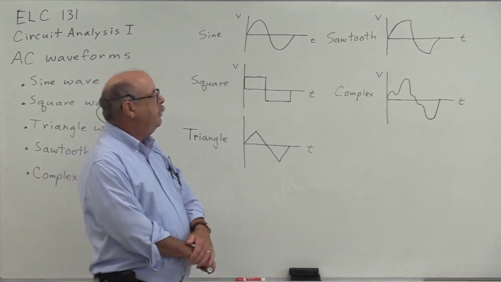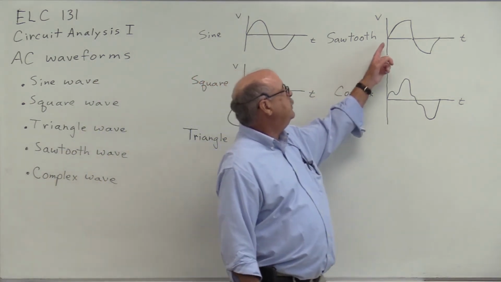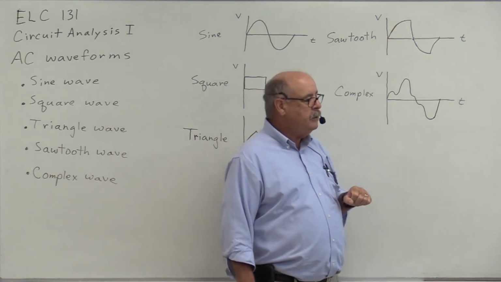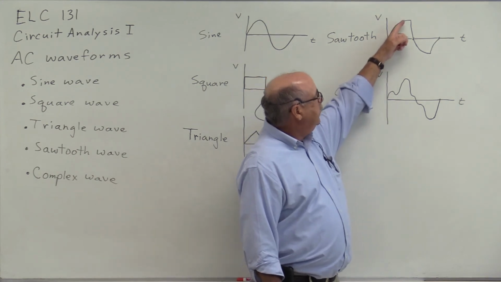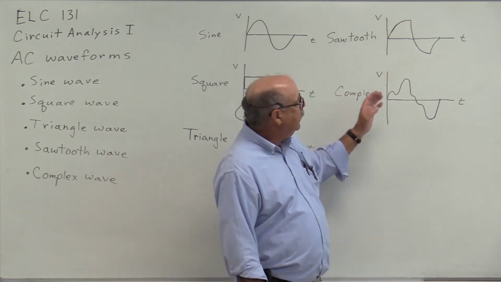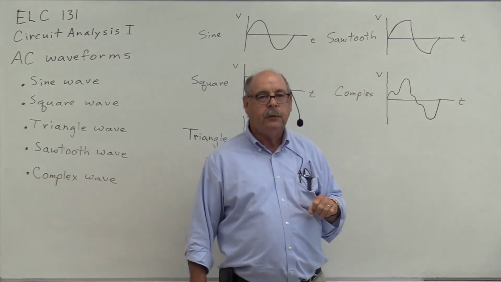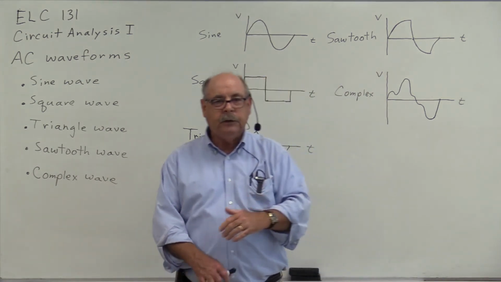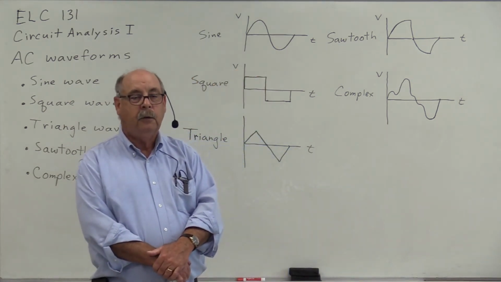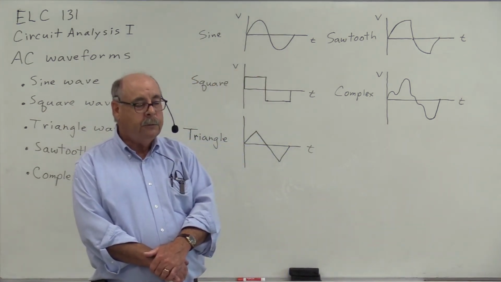And the sawtooth waveform actually increases at an exponential rate up to some maximum value, decreases again at an exponential rate, and increases at an exponential rate. And we'll actually see the generation of these waveforms later in this course, ELC 131.